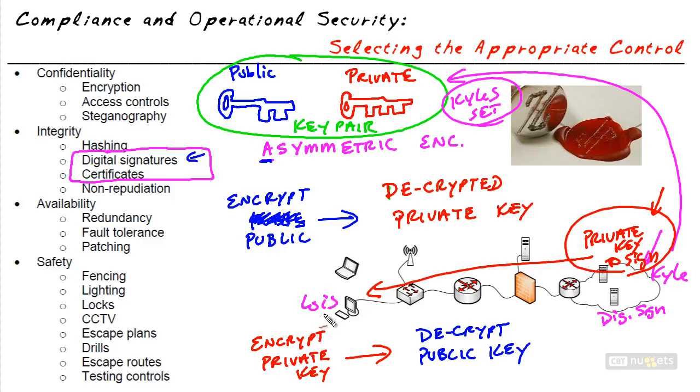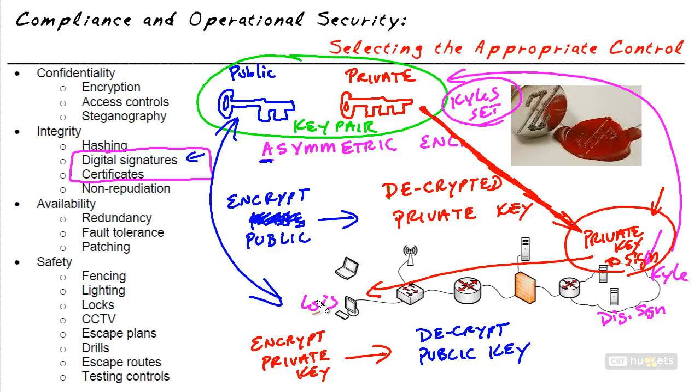Now, if Lois wants to be able to decrypt and thus verify Kyle's digital signature, Lois needs to use Kyle's public key. And we'll put arrows right there. So Kyle is using his own private key to encrypt and sign the data, and Lois is going to use Kyle's public key so she can decrypt and thus validate the signature that Kyle has put on the email message.